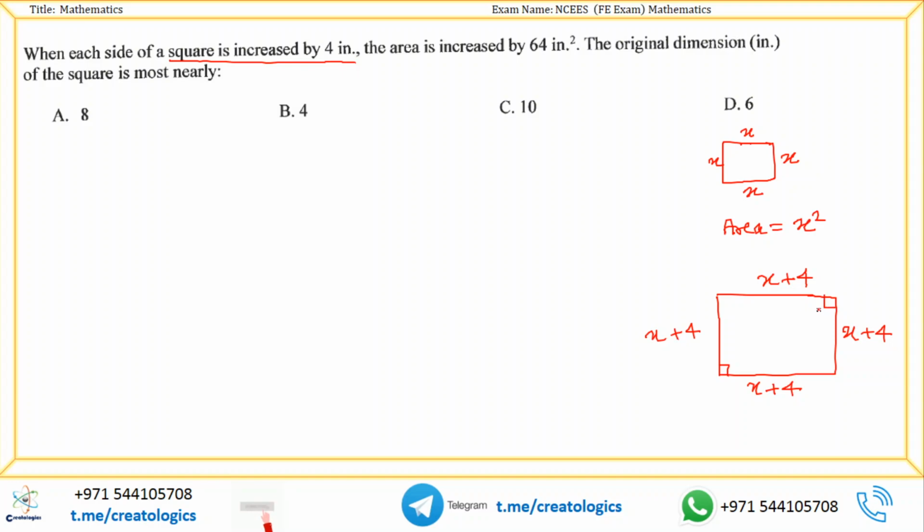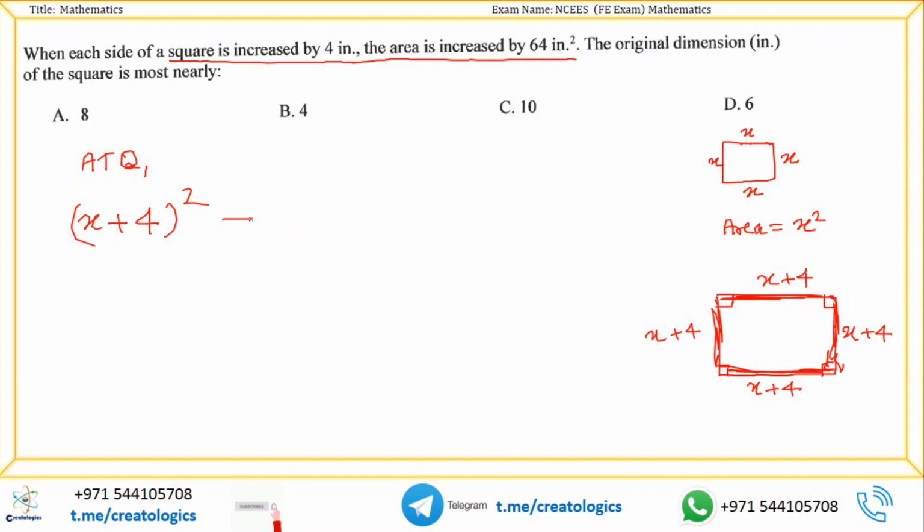Now the question also says the area of that new square is 64 square inches more than the previous one, right? So according to the question, what will be the new area? That will be (x plus 4) square, based on the sides, because its side lengths are x plus 4 units.